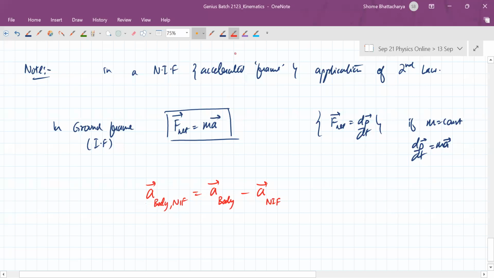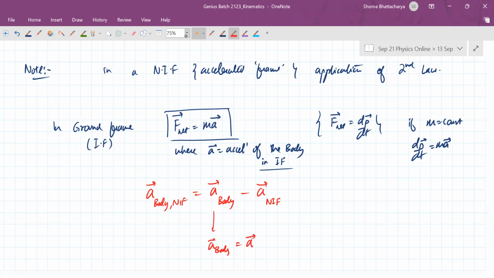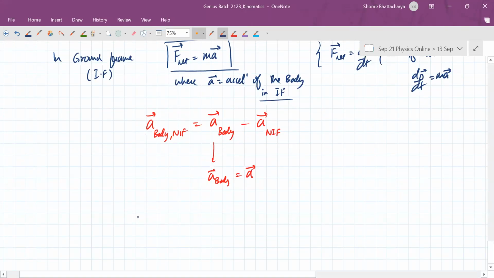So in the above equation, the acceleration of the body in the inertial frame can be written like this: it is equal to the acceleration of the body in the non-inertial frame, that is the relative acceleration, plus the acceleration of the non-inertial frame.